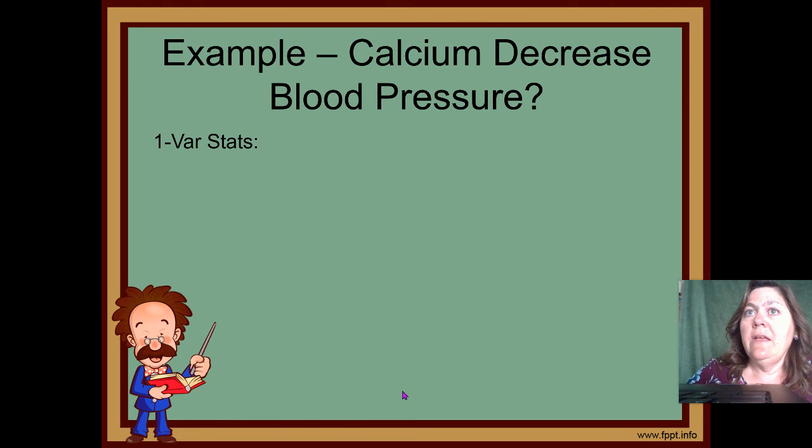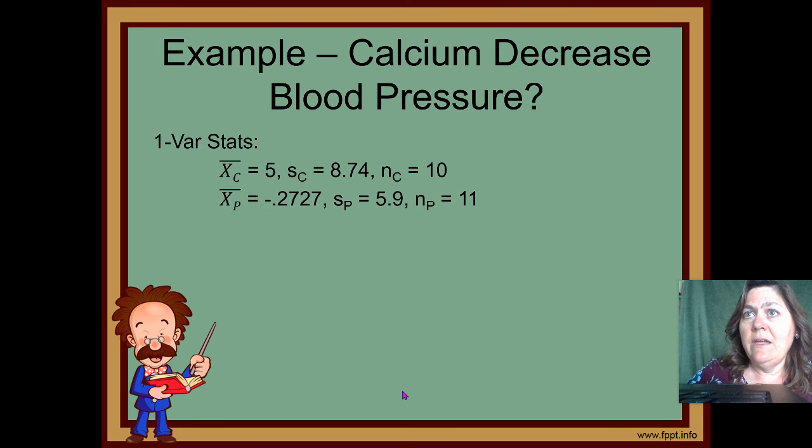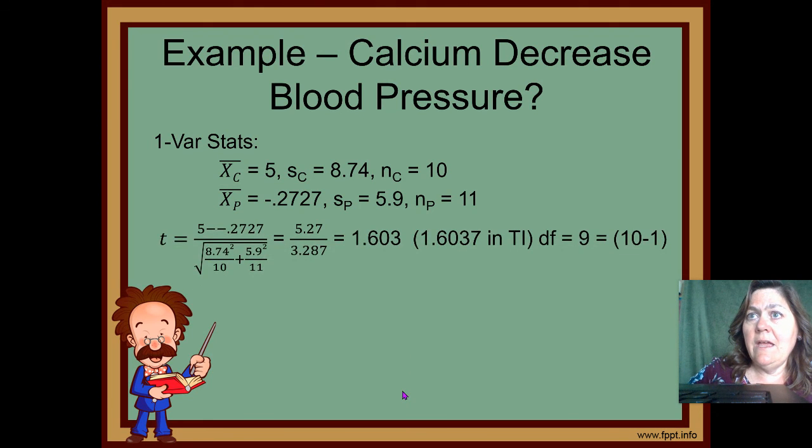Okay. So when I run 1-Var Stats on each L1 and L2, I come up with these numbers. So check in your calculator that you did the same. And then here's my t statistic. When I ran a t-test, I got 1.6037.